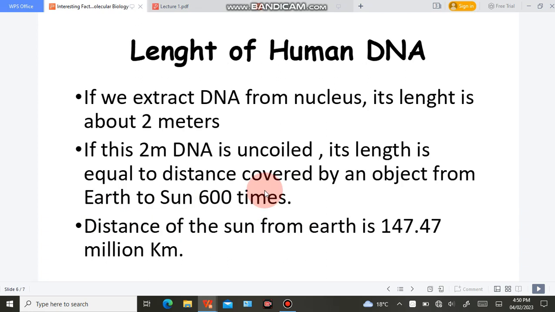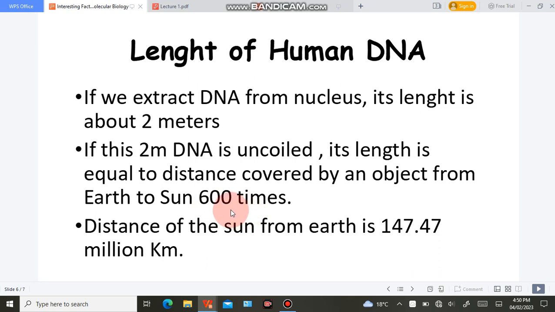The length of human DNA is very large. If we extract DNA from a nucleus, its length is about 2 meters, and if we uncoil this DNA, untwist it to form a single linear chain, we find that its length is equal to the distance from Earth to Sun covered 600 times.